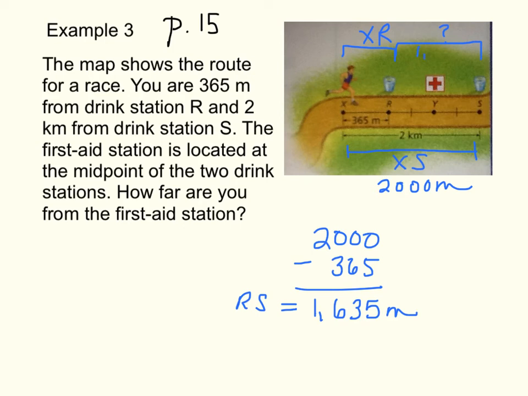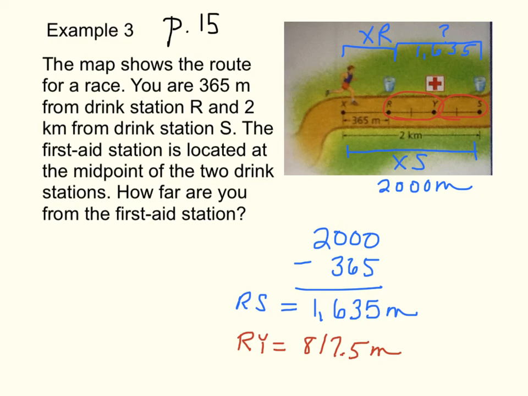So this right here is 1,635. We know that Y is the midpoint of segment RS. So if RS is 1,635, well then RY, right here, and YS are each going to be half of that. So half of 1,635 gives us RY, which is 817 and a half meters.